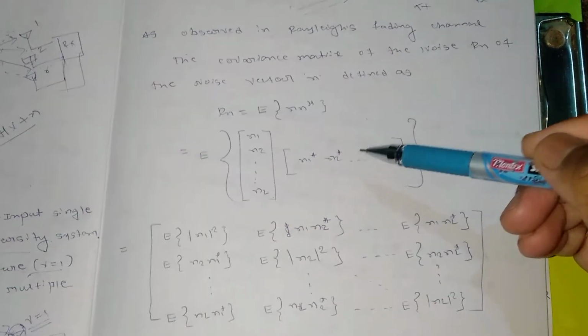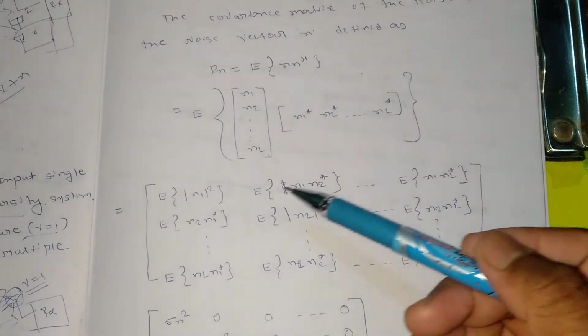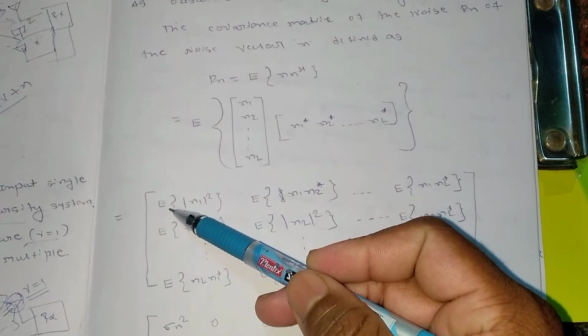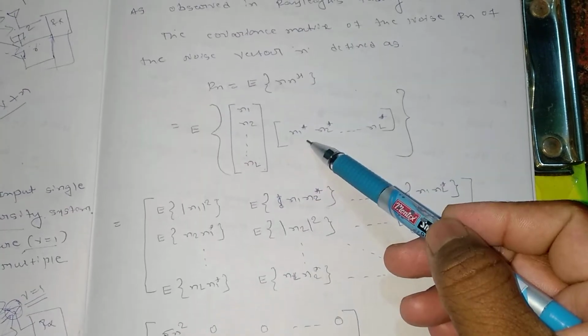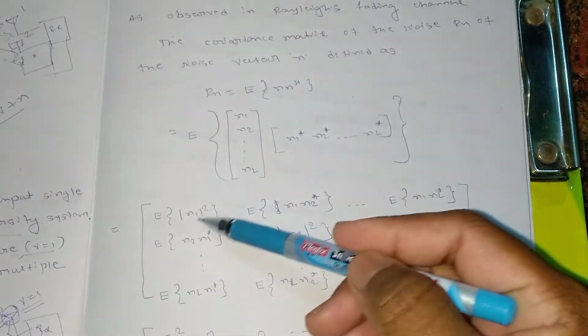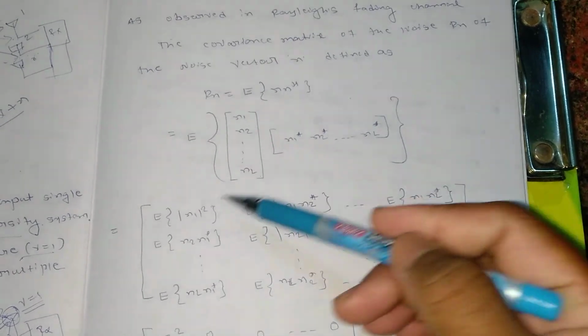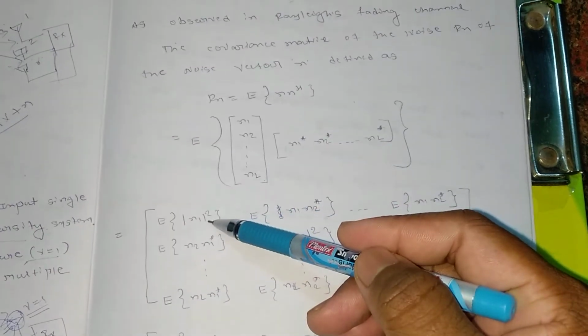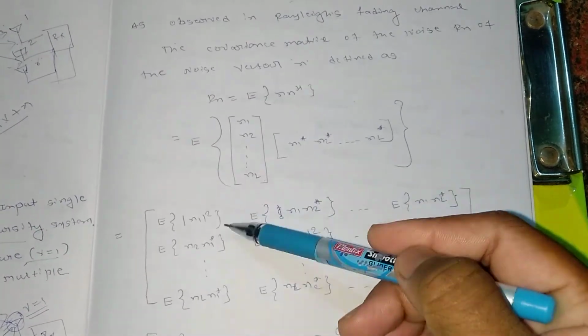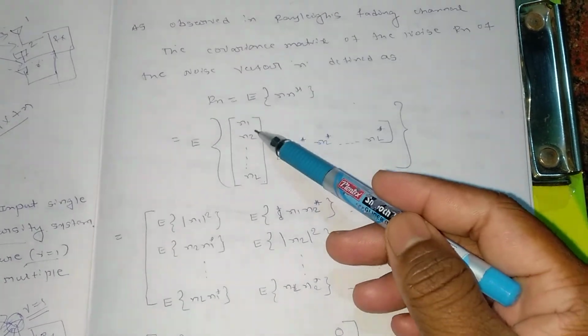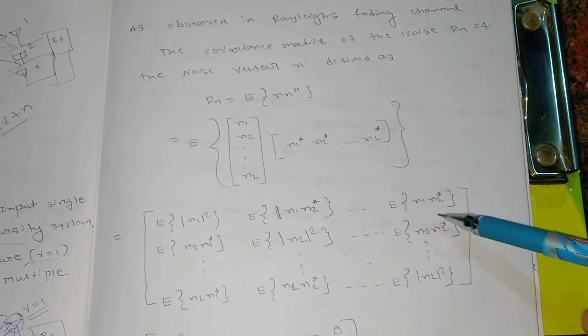When these things are multiplied, I will be having something like this: expectation of n1 into n1 star. When I take the magnitude of this one, the star symbol can be removed, so it becomes the expectation of n1 squared. And for the rest I will be writing n1 into n2 star up to nL star.